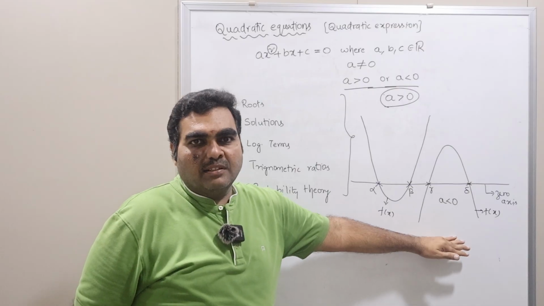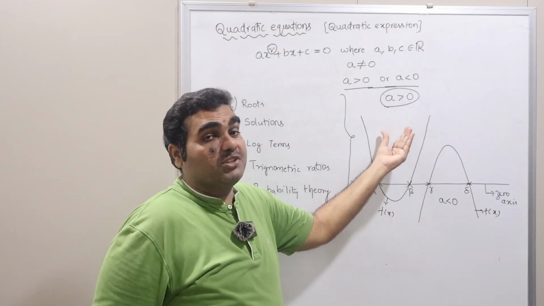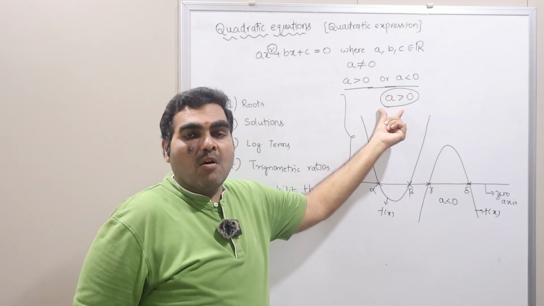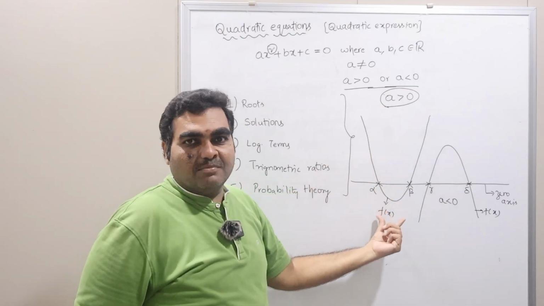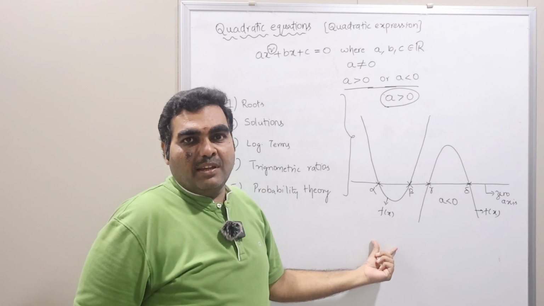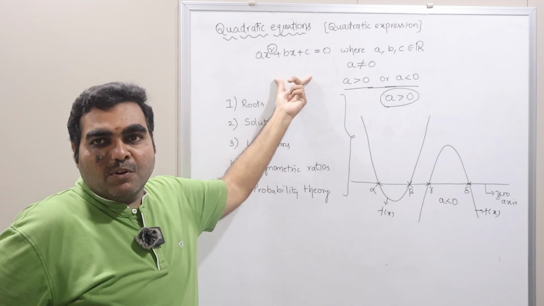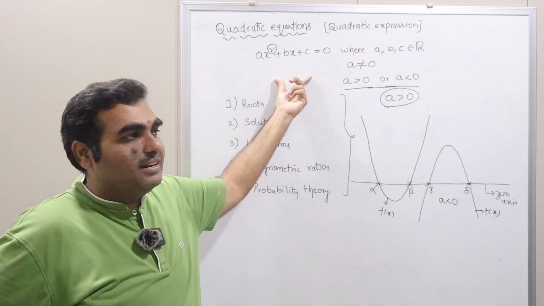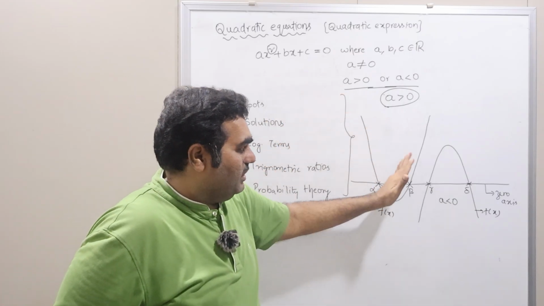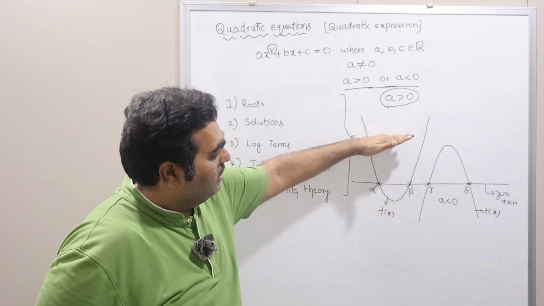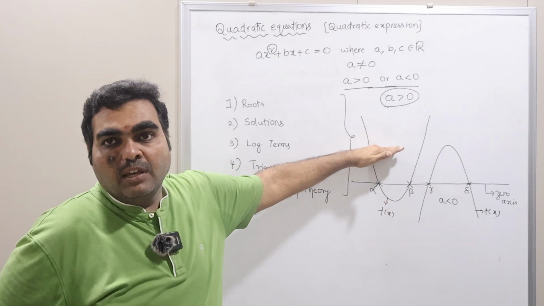As mentioned in the beginning, the sign of a plays a crucial role in the nature of the function. This is how. Still, there are other parameters related to your quadratic equation which decide the position of this concave curve.